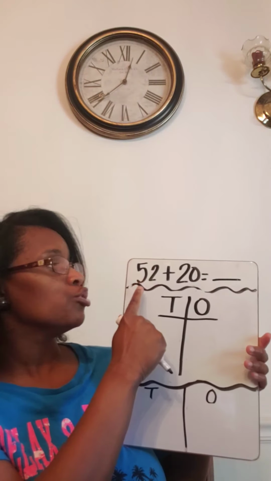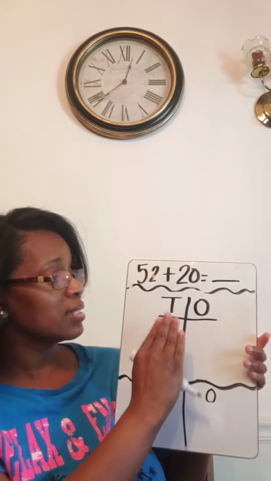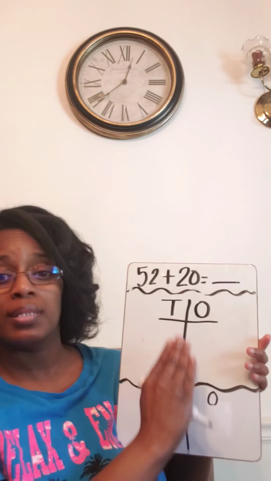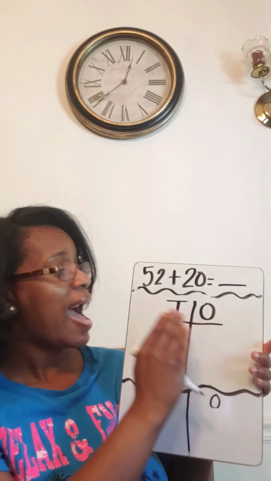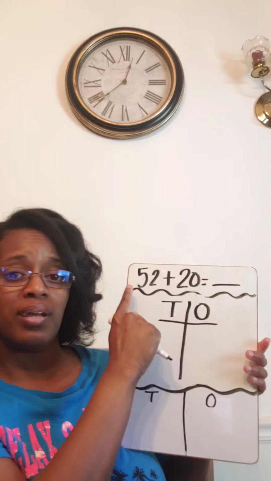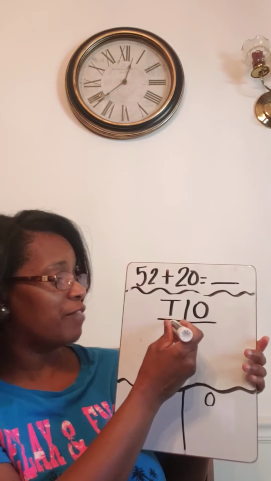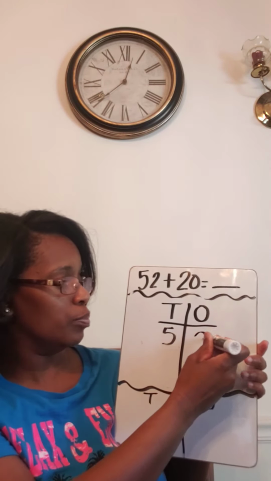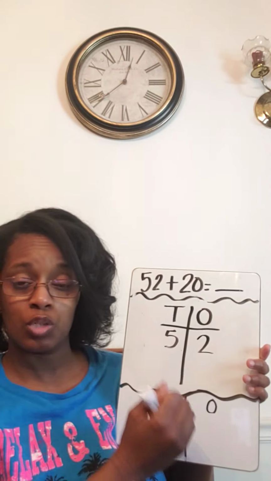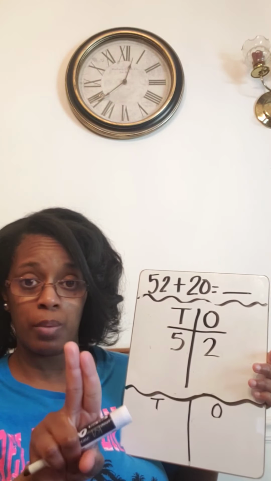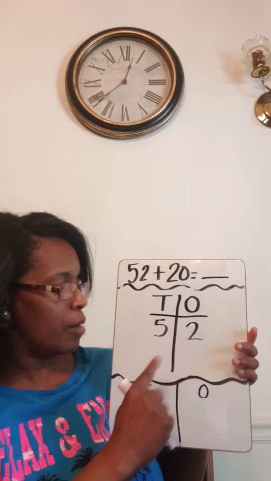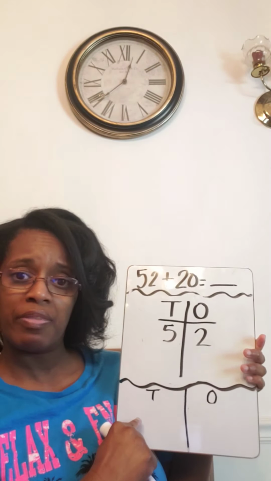Let's write 52 in our little T chart, our tens and our ones. How many tens are there in 52? There are 5 tens and 2 ones. I'm just breaking up the tens from the ones, because when we put them together, they make a two-digit number.